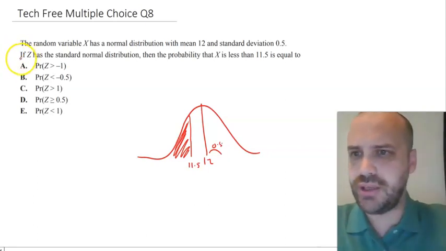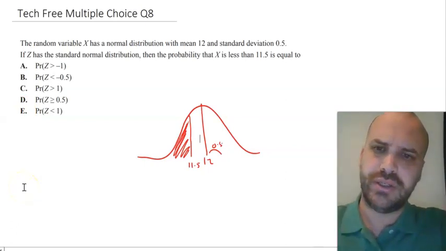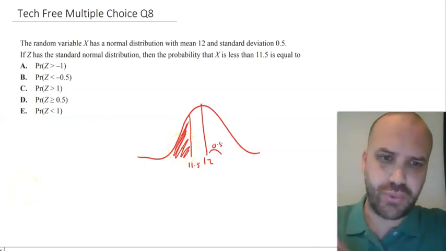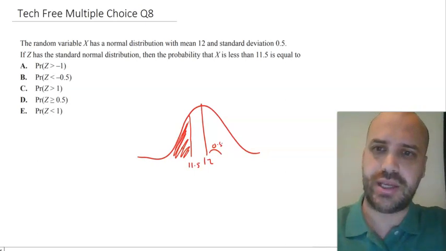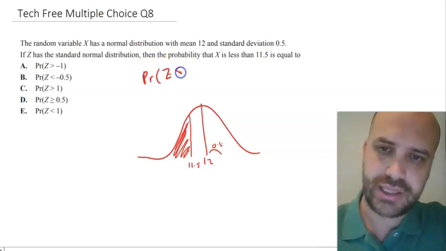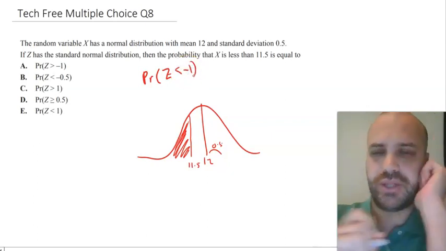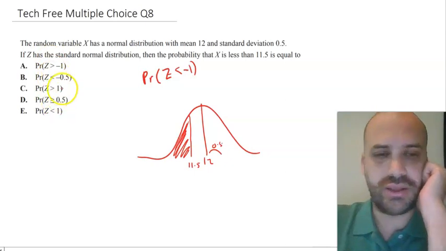Actually, interesting. Less than -1. So I think the answer should be the probability that Z is less than -1. But you can see that that's not in these options.